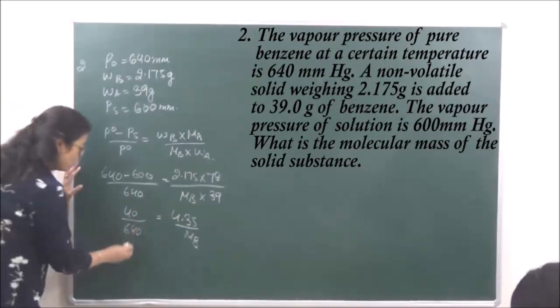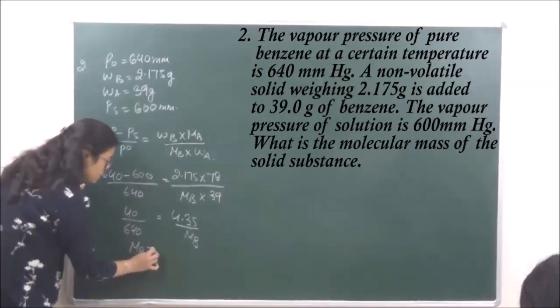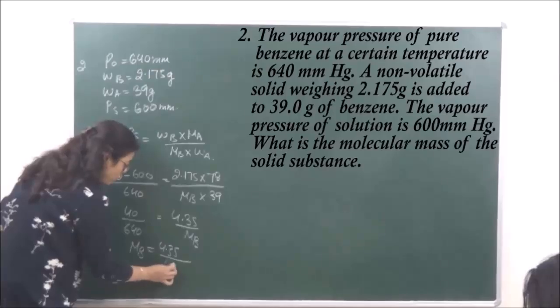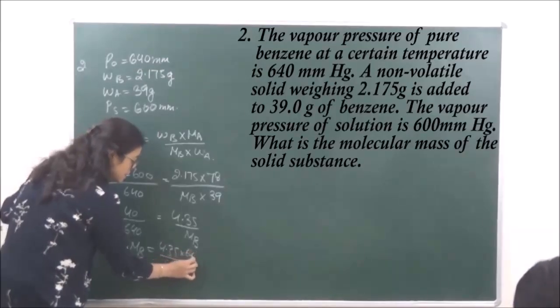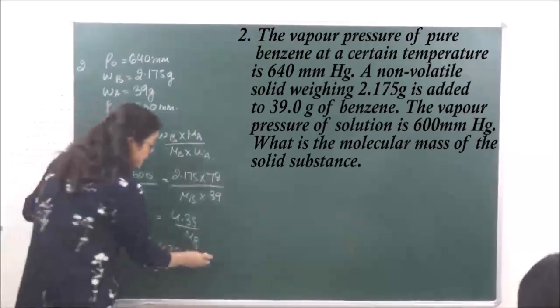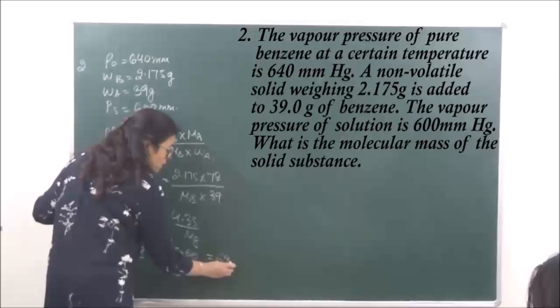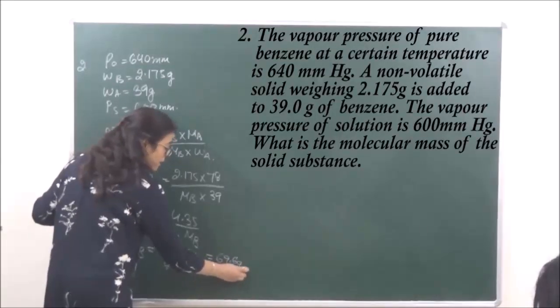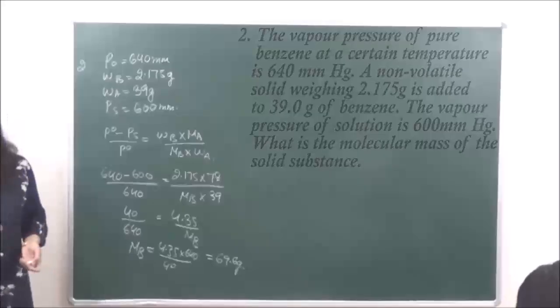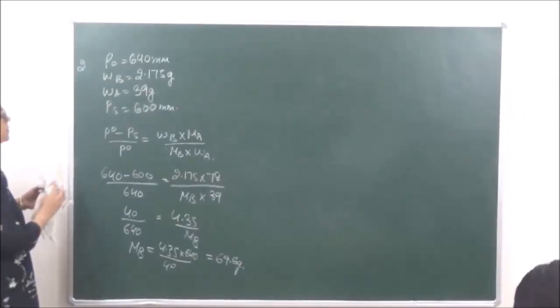And MB will now come equal to 4.35 upon 40 into 640. Right? So when we calculate this, it is approximately coming to 69.6 grams. Okay, so this is how we calculate the molar mass. Let's go on to question number 3.